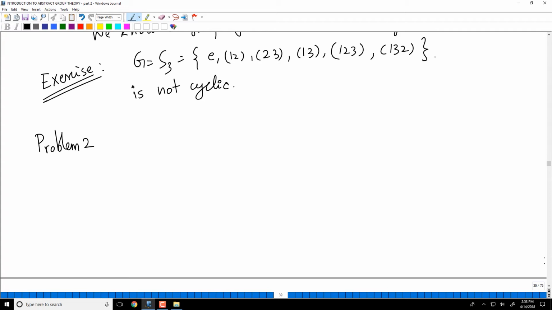One more problem I want to do just to illustrate more about cosets. So let's take a group homomorphism. Phi is a group homomorphism.